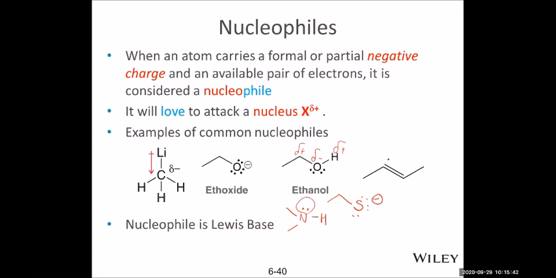Since their electrons are high energy and negatively charged, they can attack some positively charged structures. Nucleophiles are lone pair donors, and they are Lewis bases, which we went over in the acid-base chapter. So that's the first kind, the nucleophile. We'll see this in organic chemistry all the time.